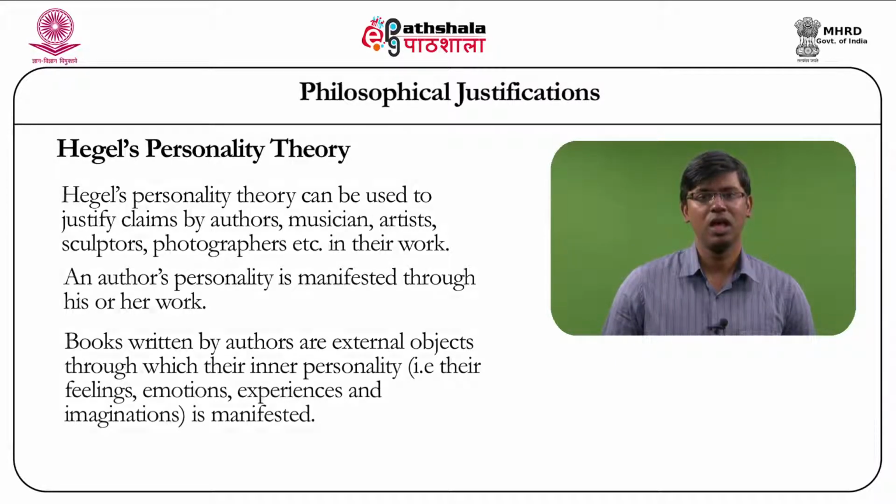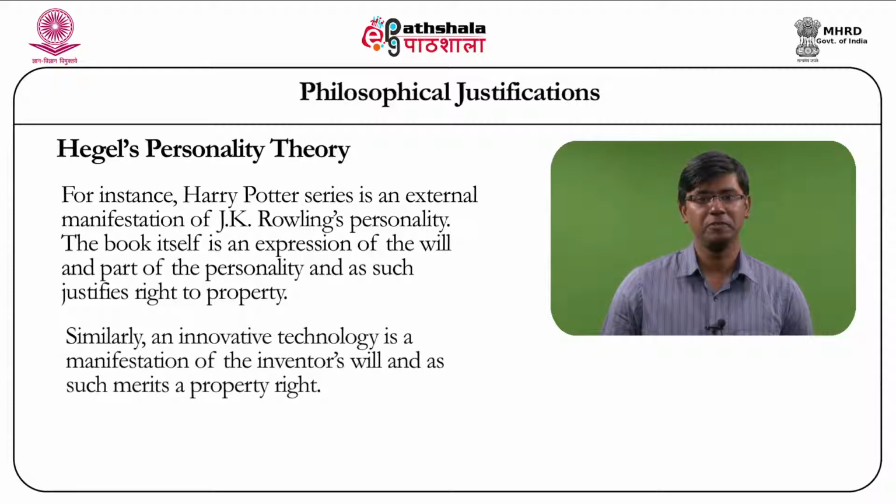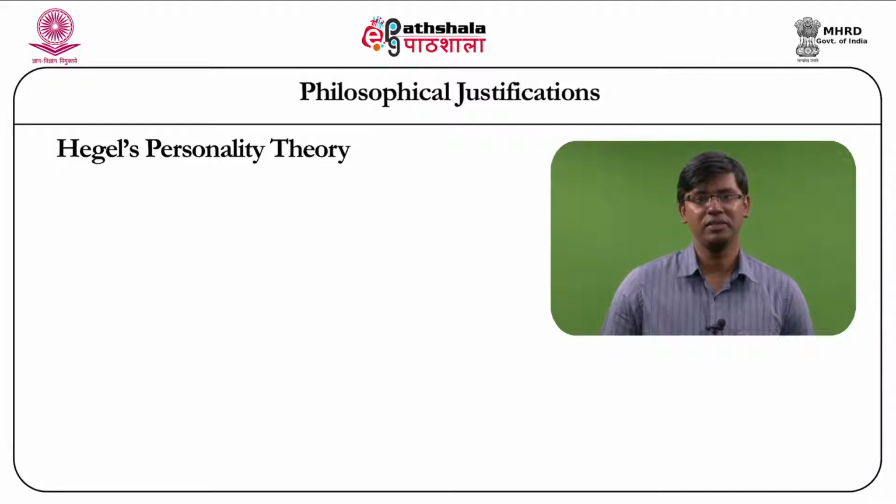For instance, the Harry Potter series is an external manifestation of J.K. Rowling's personality. The book itself is an expression of the will and part of the personality, and as such justifies the right to property. Similarly, an innovative technology is a manifestation of the inventor's will and as such merits a property right. But Hegel's personality theory is not without criticism.